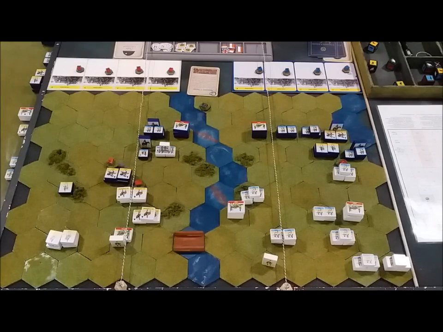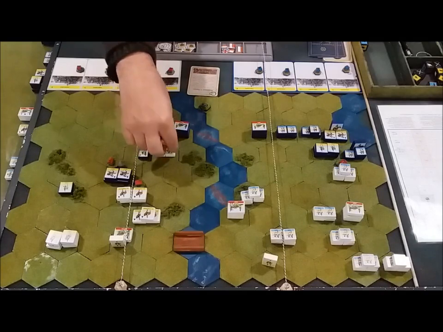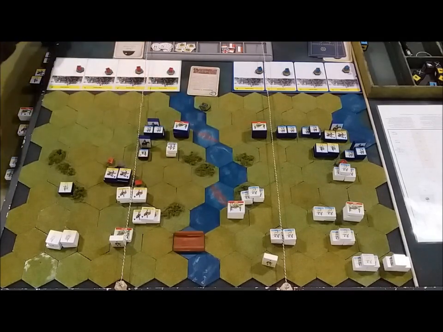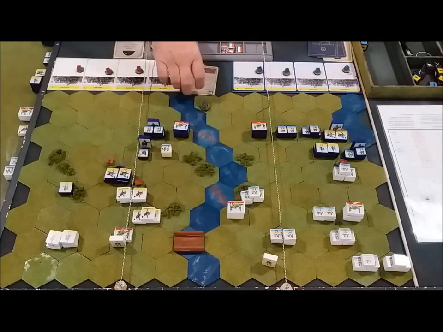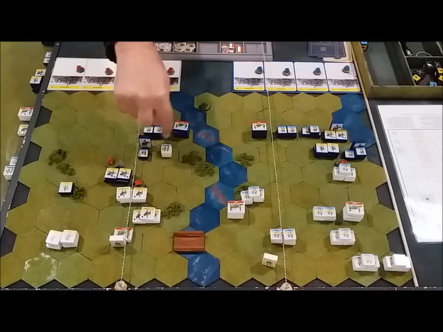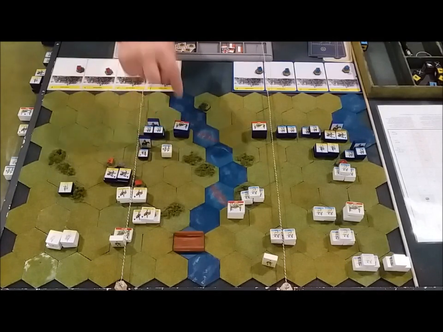And do we want to retreat? Do we want to retreat? And I don't think we do. I think we'll stay there because at least we get 1 die back at the Grenadiers and we take 1 of them out. So there we go. So that didn't work all that well for the Austrians. And it's left these guys high and dry. They really wanted to knock that out and then come back here and at least have a go at them. Or them.